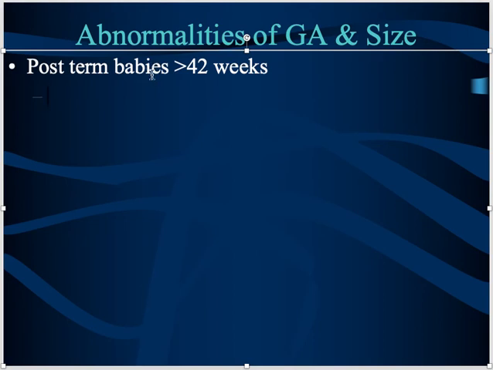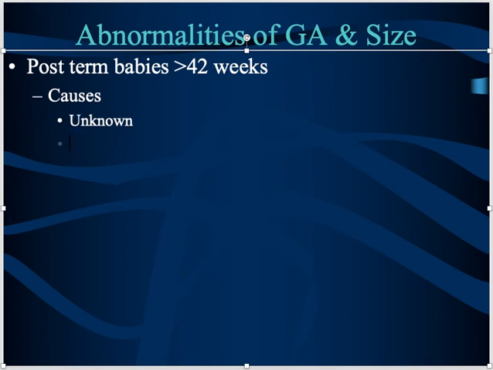So what are the causes, guys? Most of the causes are unknown. Labor has not started and the babies are not born until 42 weeks, and most of the time if you fail to find the cause, it is unknown.